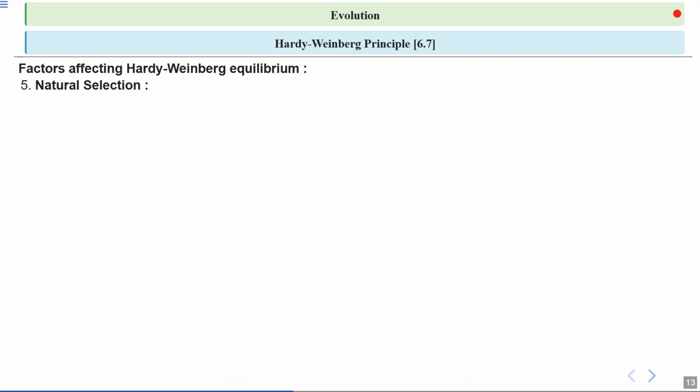Now, the next factor which influences the Hardy-Weinberg equilibrium is natural selection. Natural selection means nature is selecting. These variations which provide survival advantage are selected in the next generation. So heritable variations that improve survival are favored. Nature will select only those characteristics, those variations which provide survival advantage to the organism or species.